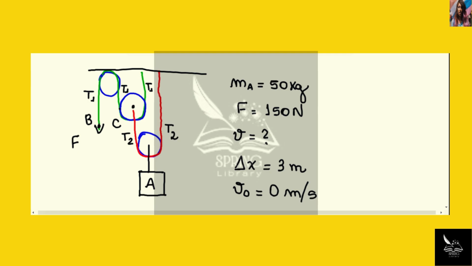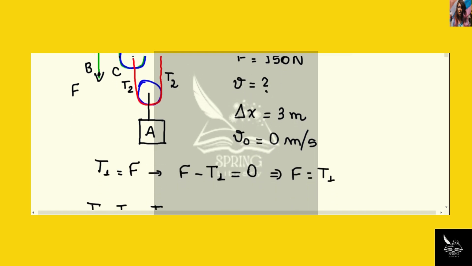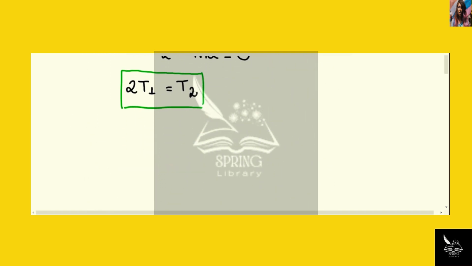So basically, notice that the string is pulling the block up, such that if this square here is the block, we have the two parts of the string that are pulling it up with a force T2.